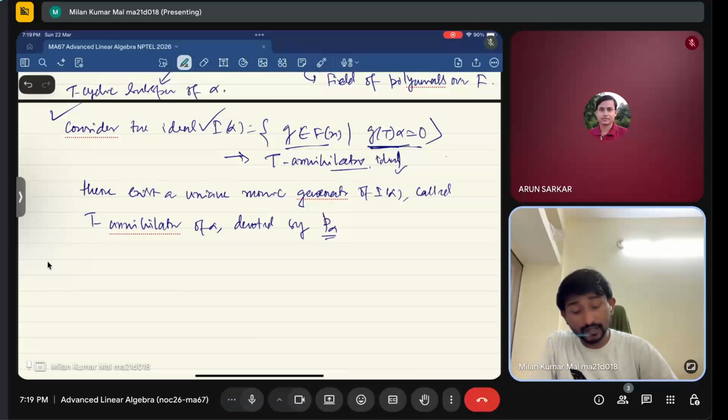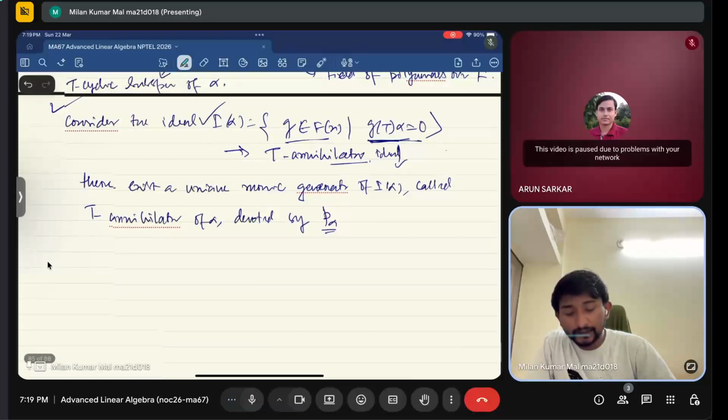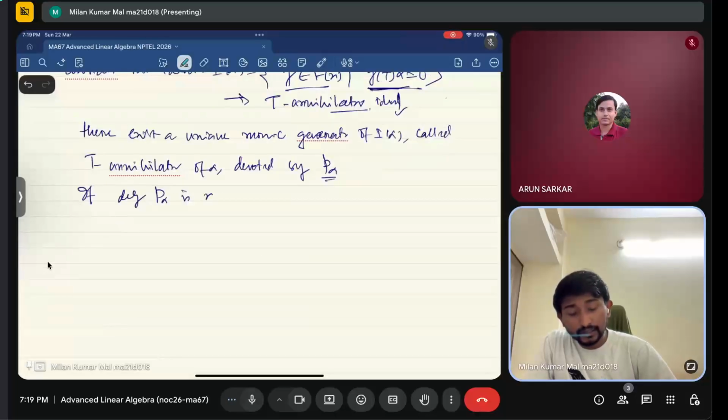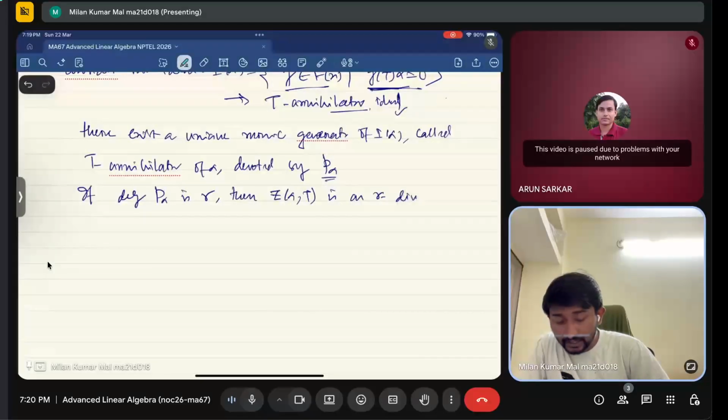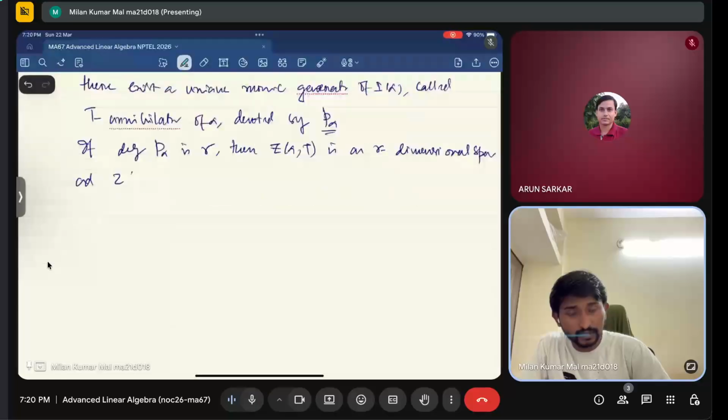So what is that connection? The connection is that if the degree of P alpha is r, then this Z(alpha; T), that is the T cyclic subspace, is an r dimensional subspace, and Z(alpha; T) will automatically be an invariant subspace.